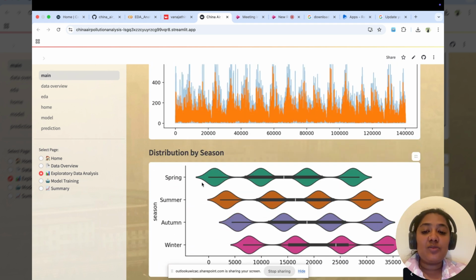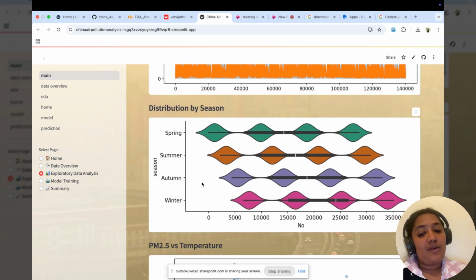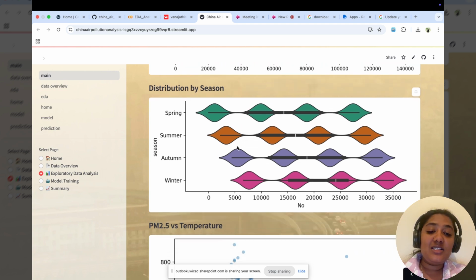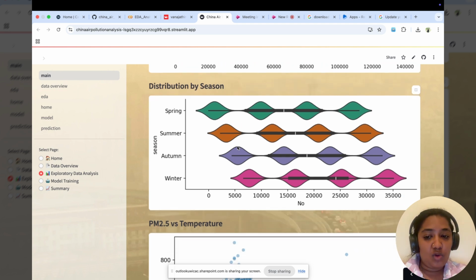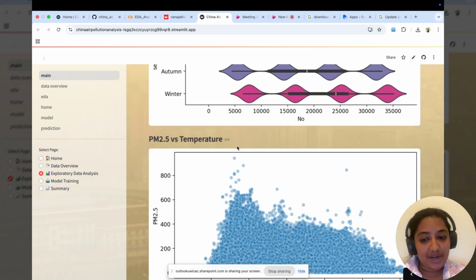And then distribution by season. We have four seasons as I mentioned previously, and we can clearly see how the season is involved in the air quality index, right?